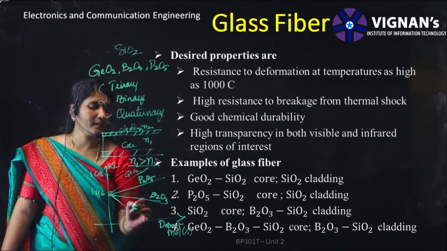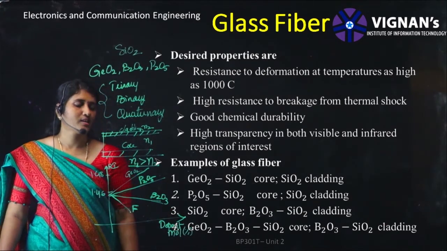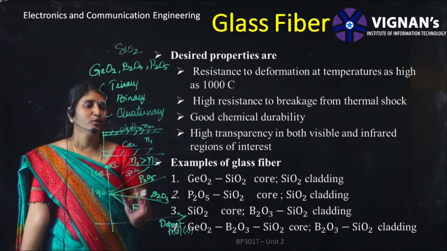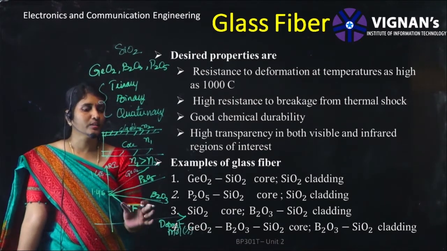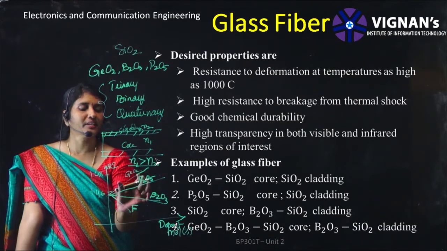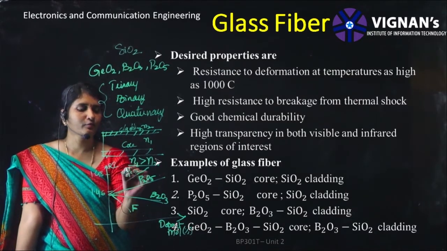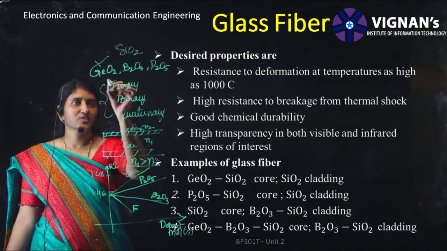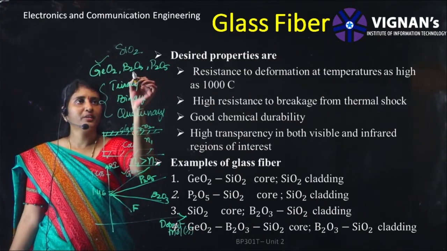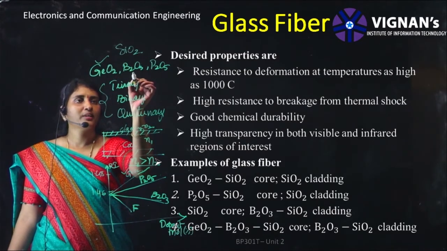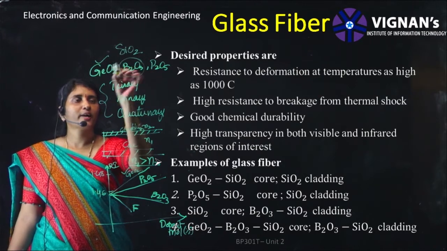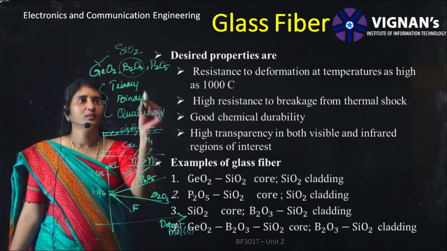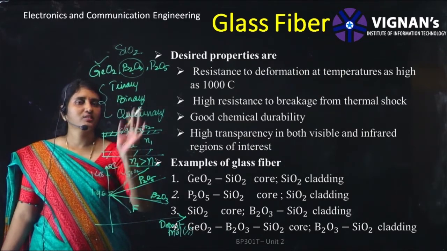Even by adding F, its refractive index is getting reduced. So from this graph, if you want to increase the refractive index, we have to add GeO2. If we want to reduce the refractive index of the material, we have to add B2O3 as the dopant, and the combinations can be of any kind.